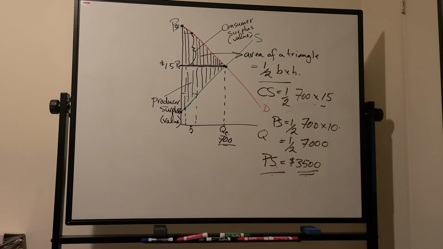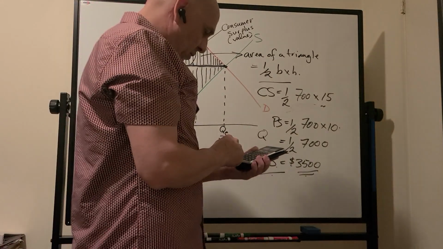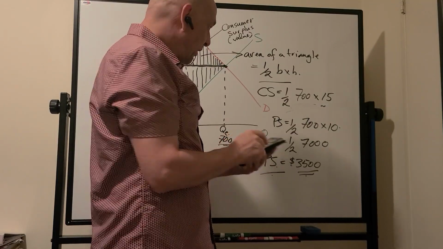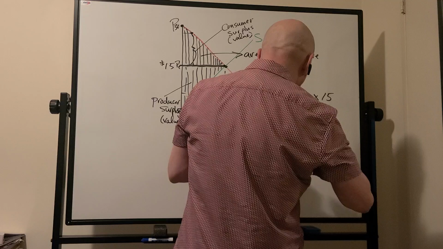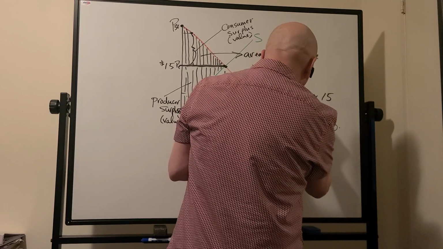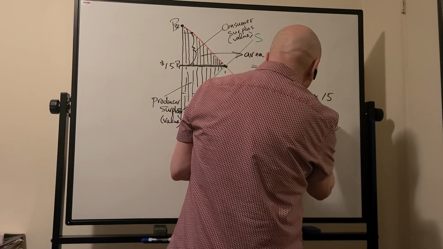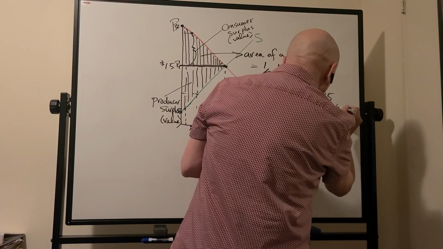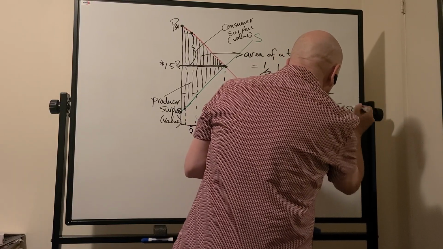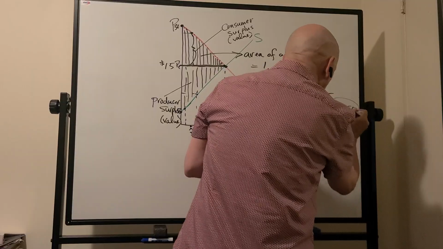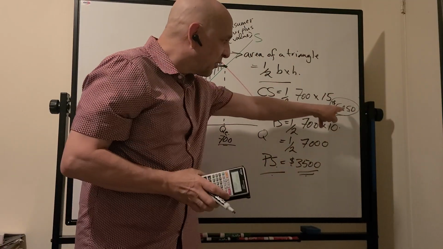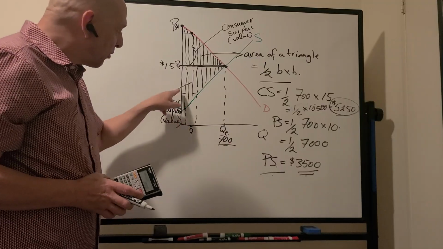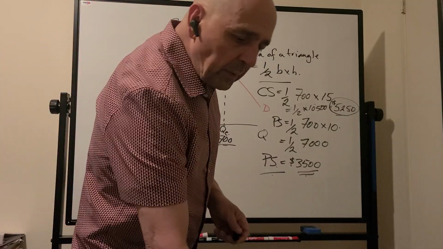Okay, so 700 times 15 is 10,500. So it equals 1/2 times 10,500, which equals 5,250. So the amount of the consumer surplus is 5,250 in this case. The amount of the producer surplus is 3,500, right?